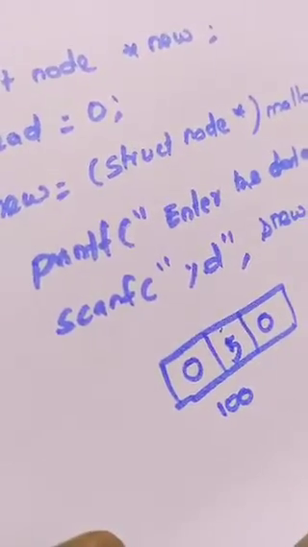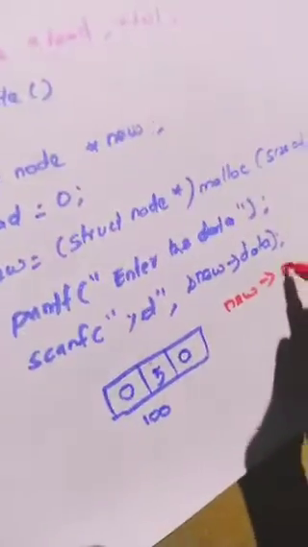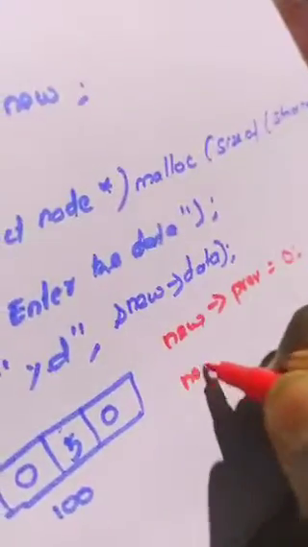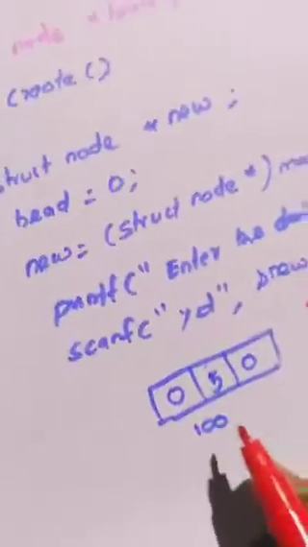So in that case I have no next node. Okay, so for that I'm going to write the terminologies here. New previous is equal to 0, and new next is equal to 0. See, new data already I have inserted, new next will be 0 and new previous will be 0 at the initial stage. Okay, when I'm inserting the first data into the linked list, it will be 0.